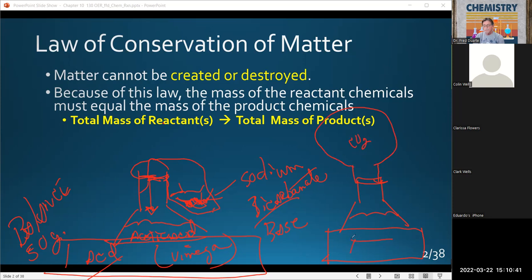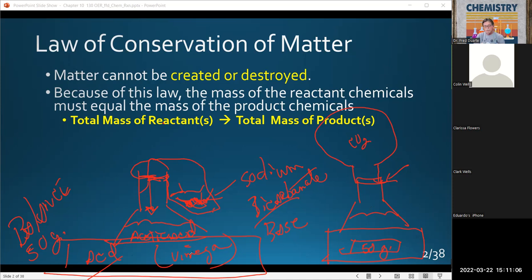But my balance would still weigh roughly 50 grams. Obviously, it didn't weigh exactly 50 grams because the connection is not 100% sealed and some gas does go away. But under very strict conditions, with everything sealed up, it would be 100% 50 grams. It demonstrated the conservation of matter.